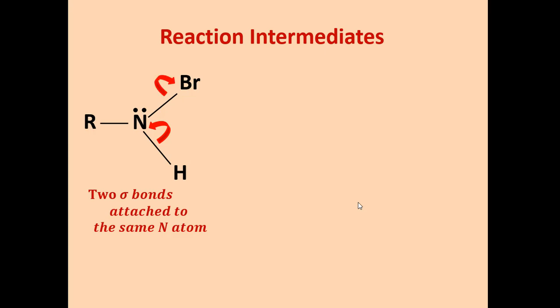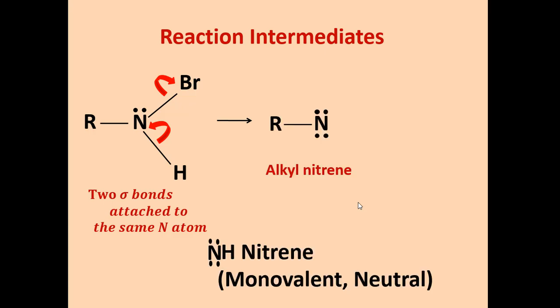And the nitrogen bromine bond breaks and the two electrons are shifted towards the bromine, and so bromine will leave as Br minus. In essence, hydrogen leaves as H plus without electrons, and Br leaves as Br minus with electrons, and so you will find HBr leaving the system, and you will find only the RN.